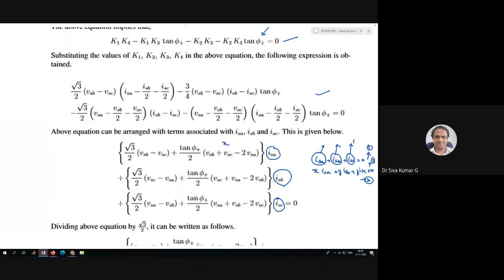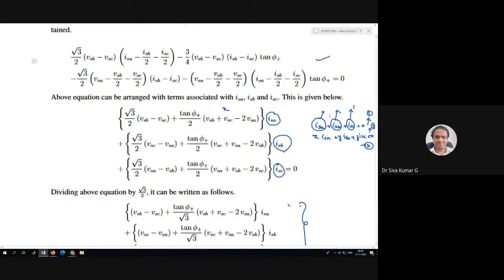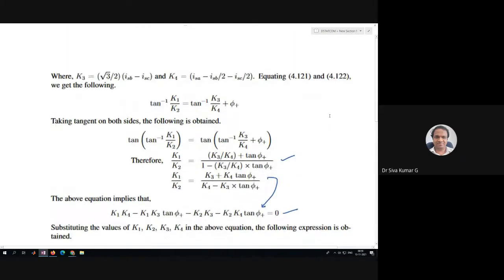Next thing is, we got this equation. I mean, it is all a simple rearrangement of the equation of tan inverse of K1 by K2 is equal to tan inverse of K3 by K4 plus 5 angle of this equation.